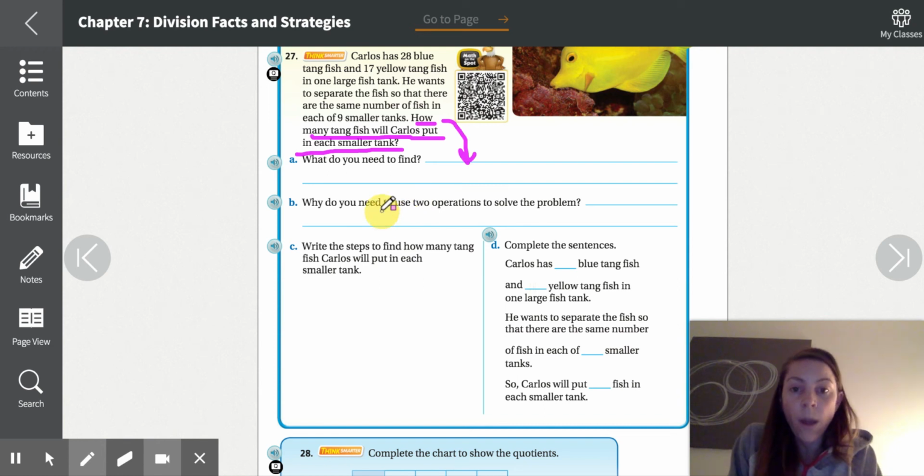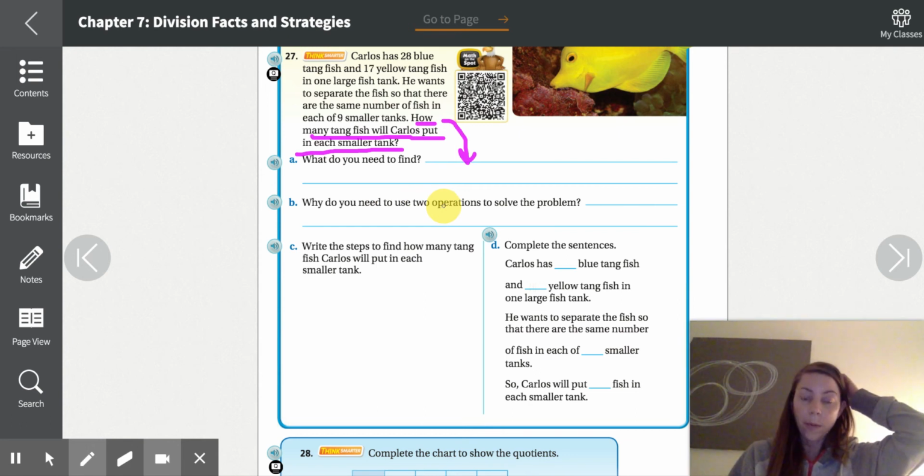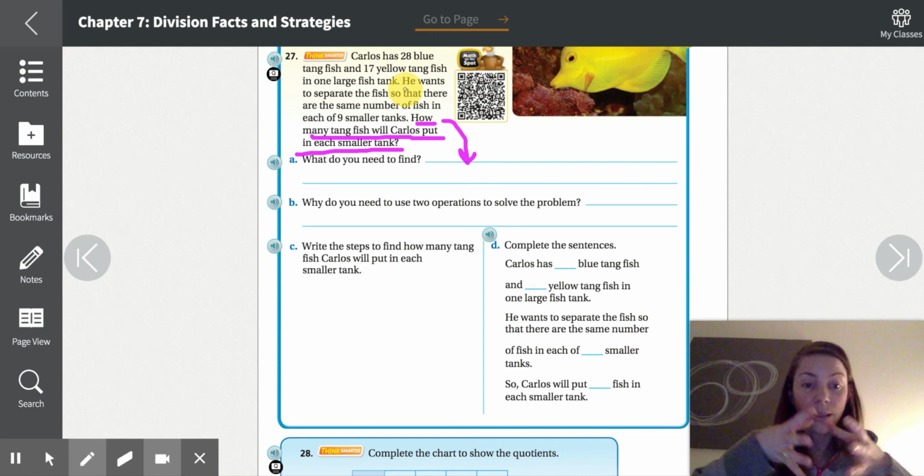All right, why do we need to use two different operations to solve this problem? Operations are like types of math problems: addition, subtraction, division, multiplication. So if I look back up here, how do we know we're going to have two different operations? Well, they're talking about blue tang fish and yellow tang fish, so I know my first operation has to do with combining the fish together.